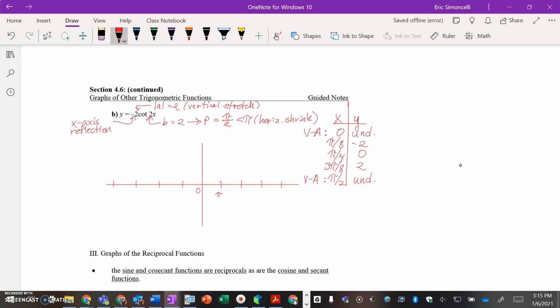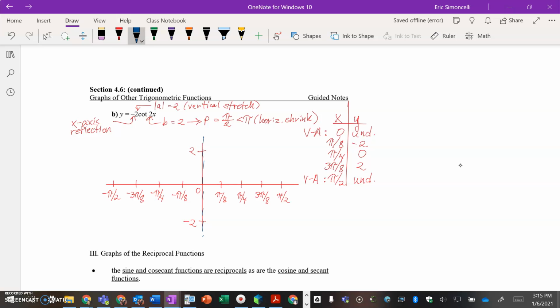Again, we're going up by eighths, so 1/8, 2/8, or pi over 4, 3/8, and then 4/8, of course, which would be pi over 2. Same holds true on the other side, where it's -pi over 8, -pi over 4, -3 pi over 8, and -pi over 2. So we are going to go as high as 2 and as low as -2 on this graph. 0 is undefined initially.